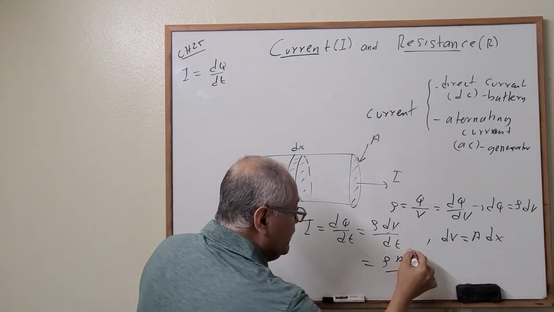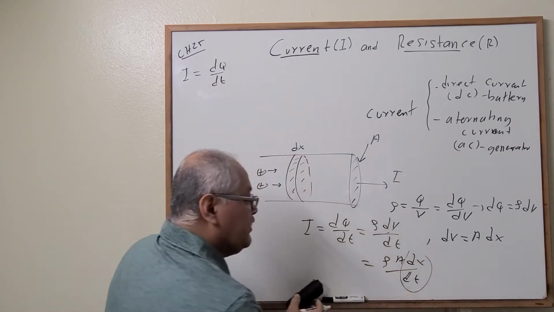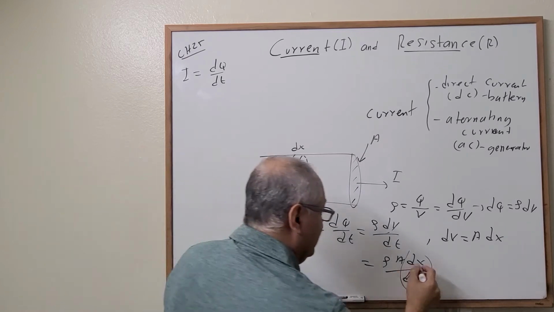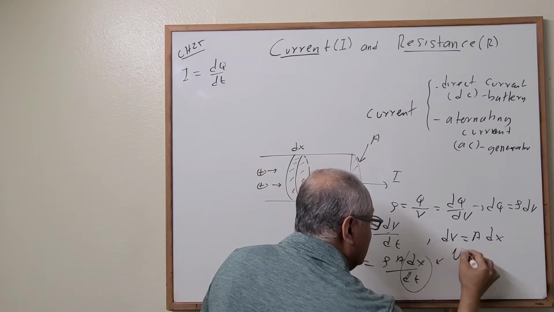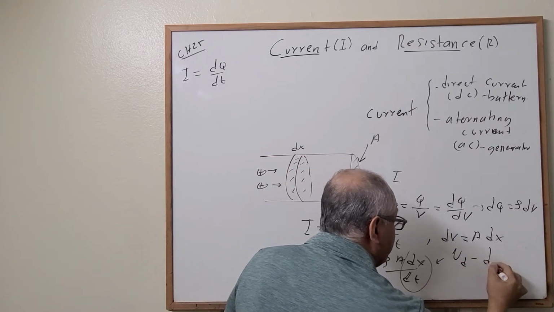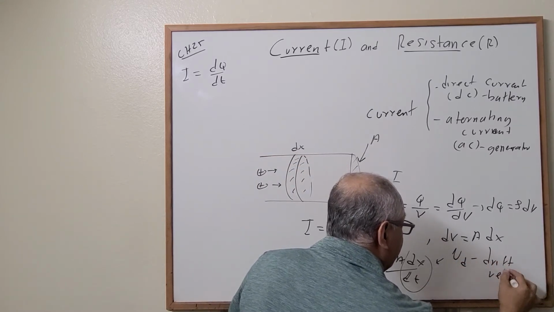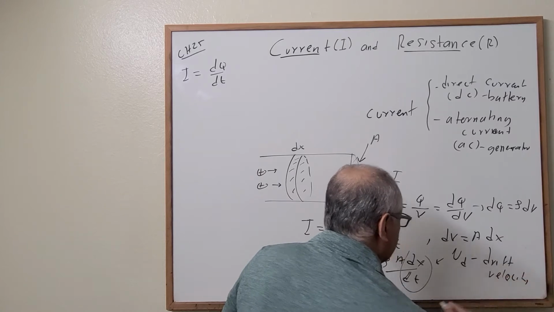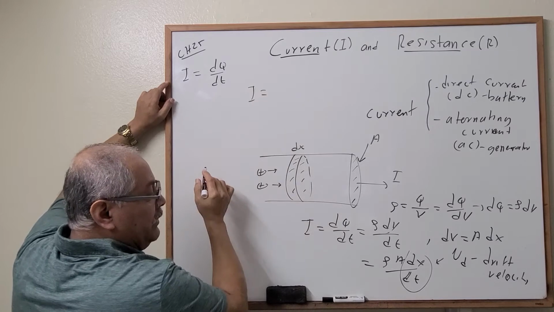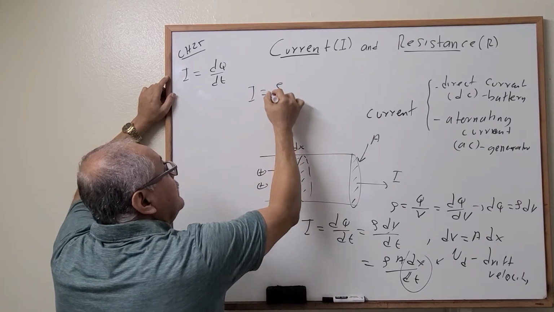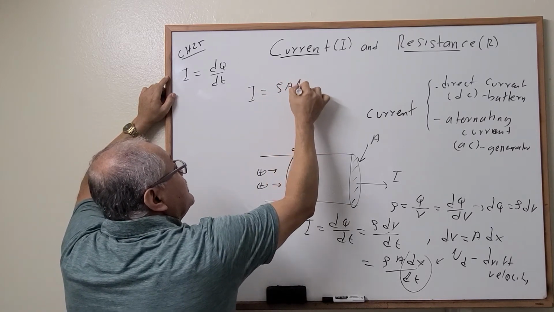Now this quantity, dx over dt, is a velocity. This is called the drift velocity. Then current takes this form: density, area, drift velocity.